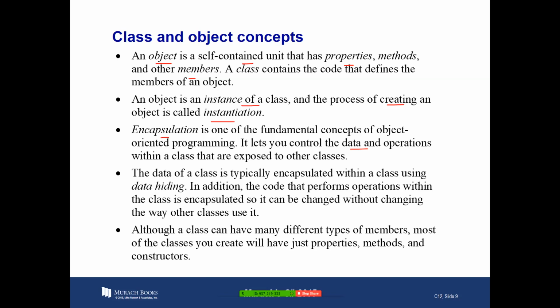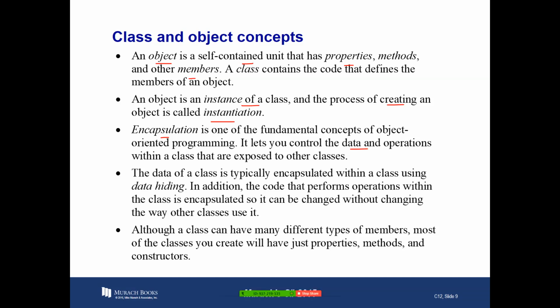So it allows you to group together variables, which can be called properties, and functions that operate on those variables, which are called methods. And by encapsulating them together, the programmer who writes the class defines exactly what can be done to those properties and how things are done, and that's what the methods are for.